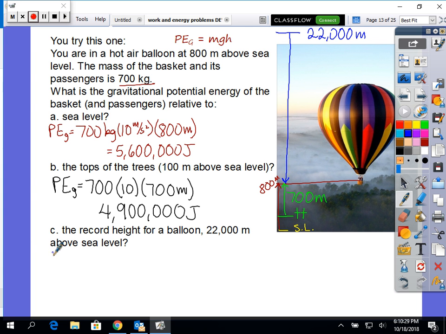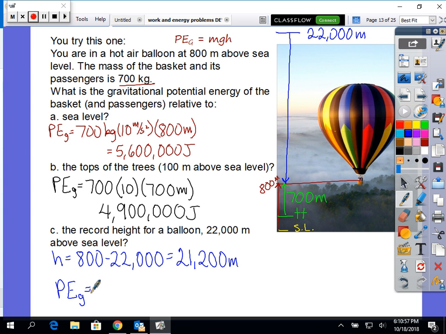So we're going to use h equals 800 minus 22,000, which is 21,200 meters. And when we plug that in, oh, I didn't put the negative. It'll be a negative potential energy of 148,400,000 joules.